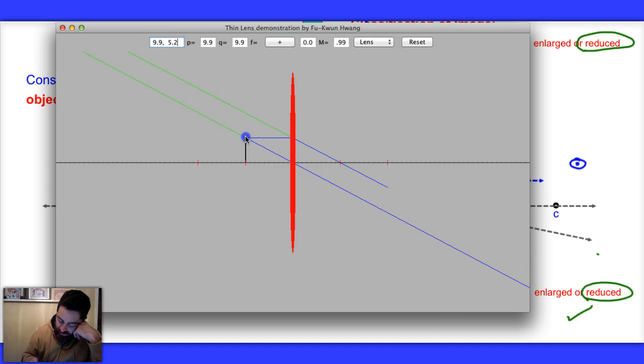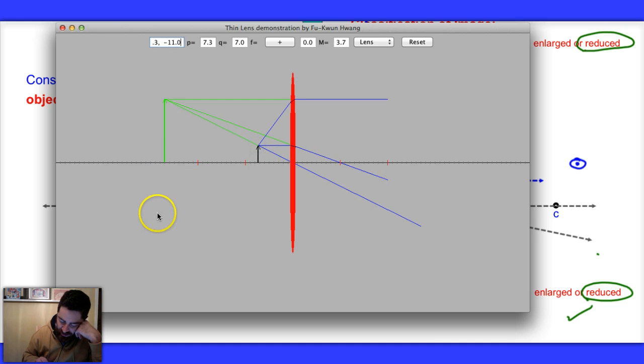And no image is formed, by the way, at the focal length. Those lines are parallel. They never converge on either side. But now, all of a sudden, we get that virtual image, where the image is located on the same side of the lens as the object. It's virtual. Those green lines represent the lines that are perceived by a viewer on the other side.